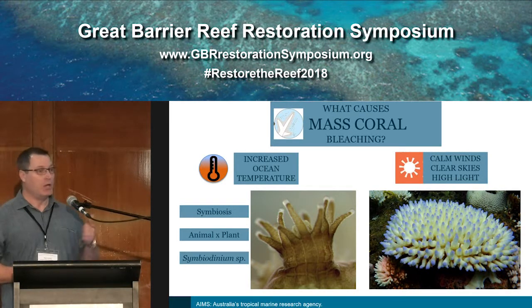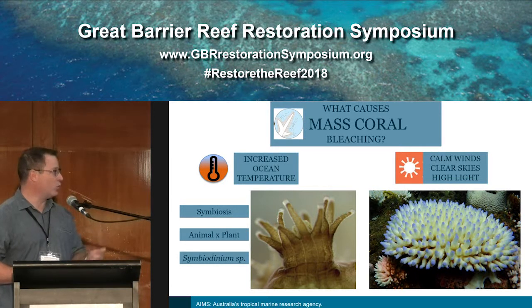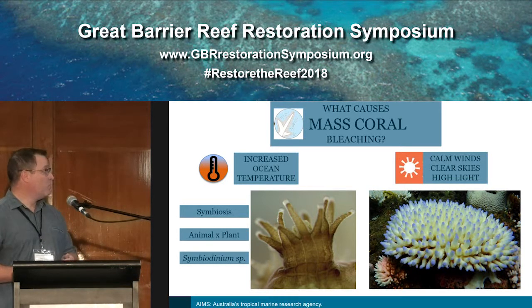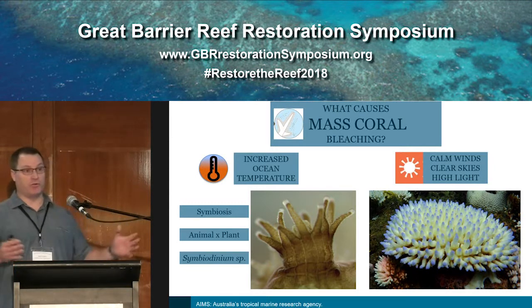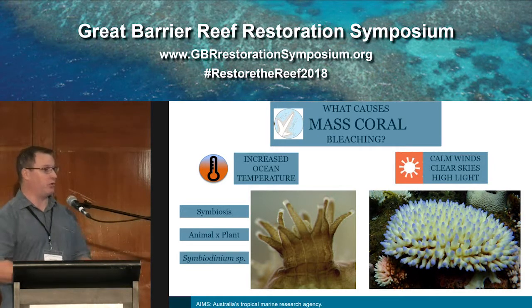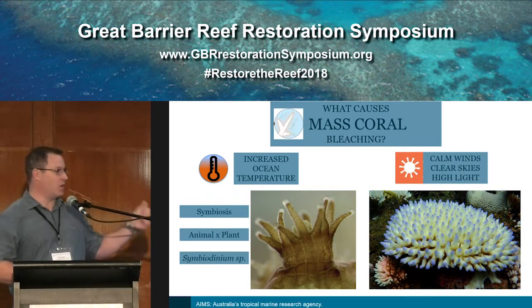That's driven by calm winds, which reduce the flow and the wave action on the reef, and clear skies, which increase the light intensity, and we'll get to why high light is important in a minute. But mass bleaching, when we see an entire reef or two-thirds of the entire Great Barrier Reef bleach to a severe point, always coincides with hot water that is not normal.